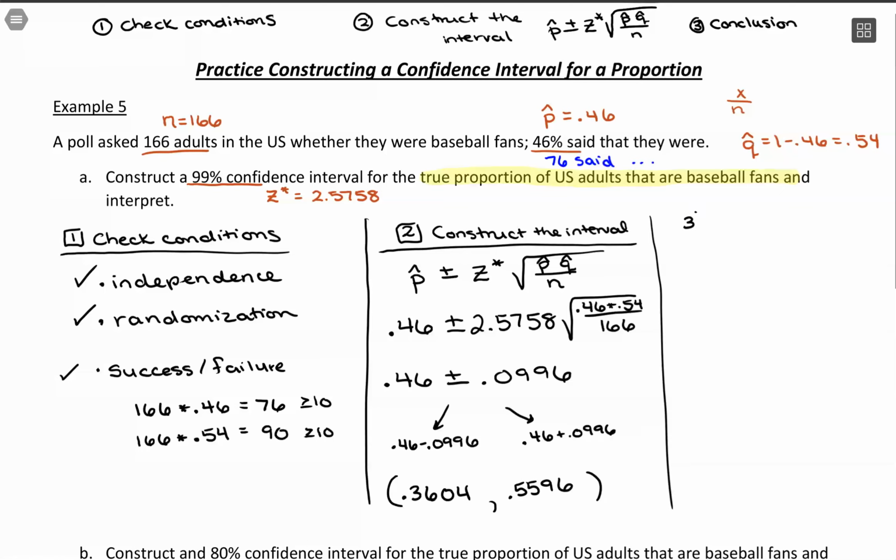So then our last step is to write our conclusion. So we want to include our confidence level, the range of values that we found in that second step, and then wording for our population proportion, which is actually given to us up above there.